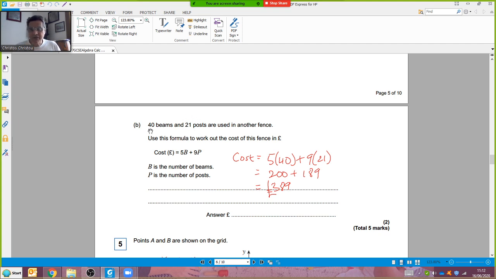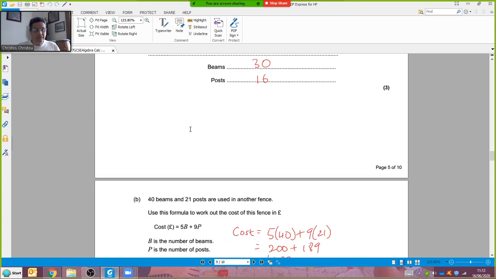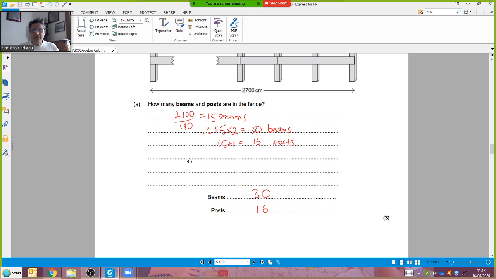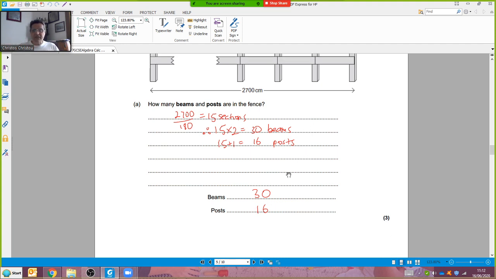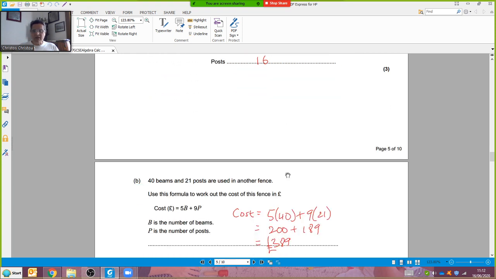Have you noticed it's not 40 and 20, it's 40 and 21 because there's one at each end. Here, this is clever now, it's not 30 and 15 but 30 and 16 because you've got one at each end. Alright, so if you take your clue from there, if you got the 16 wrong, it's easy to get it wrong, hard to see.